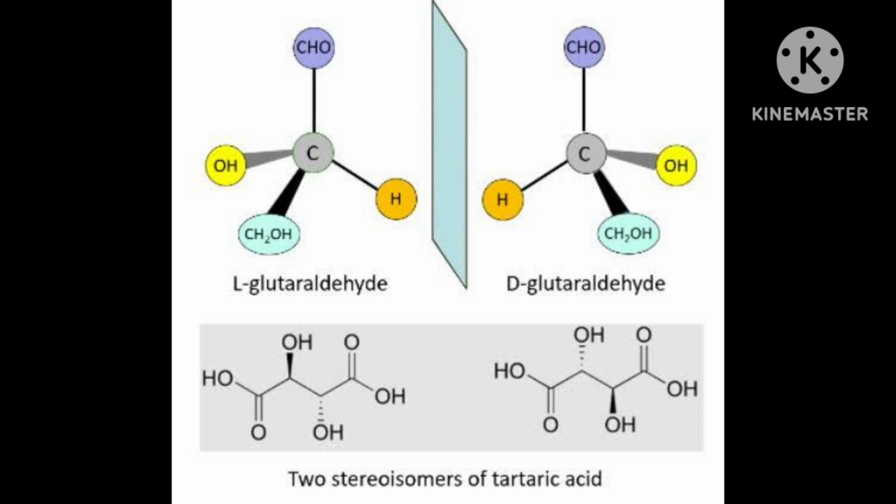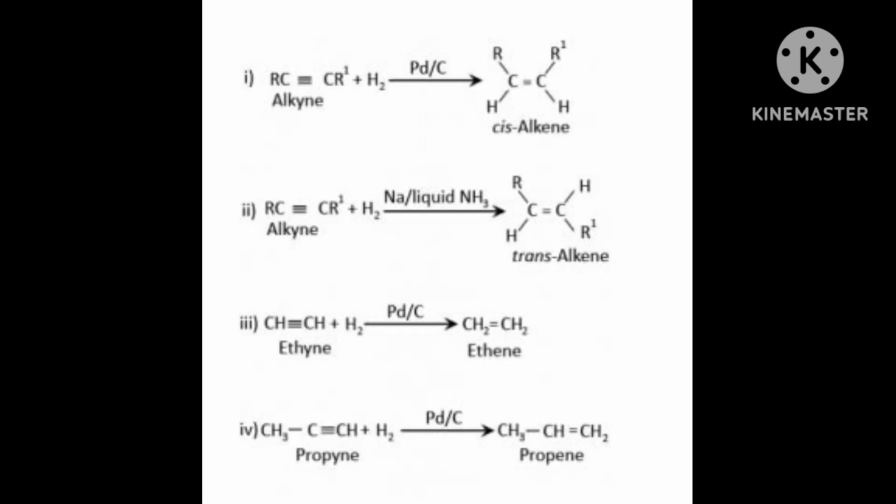Then here a total of 6 carbons, so it will be hex. Then the nomenclature will be the same way: cis dash 3, 4 dimethyl hex 3-ene. And here it will become the same way, trans 3, 4 dimethyl hex 3-ene.